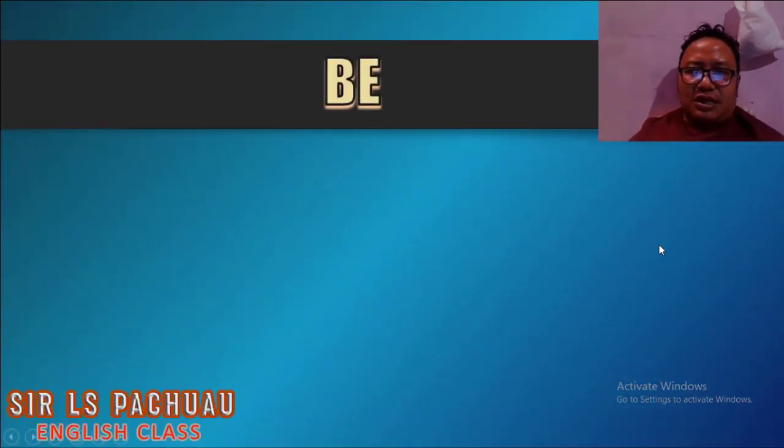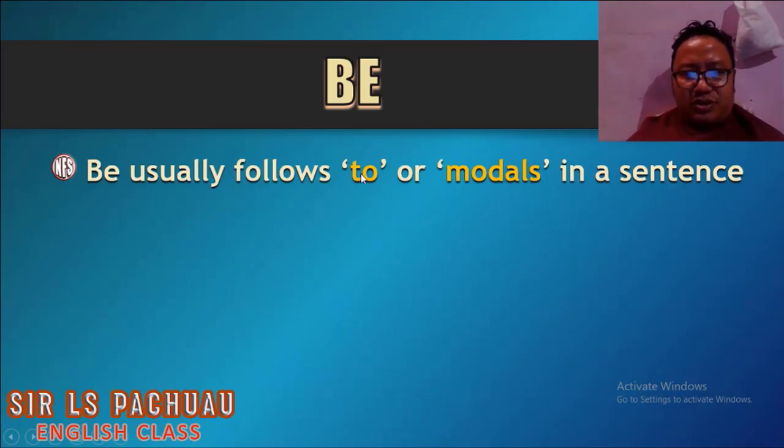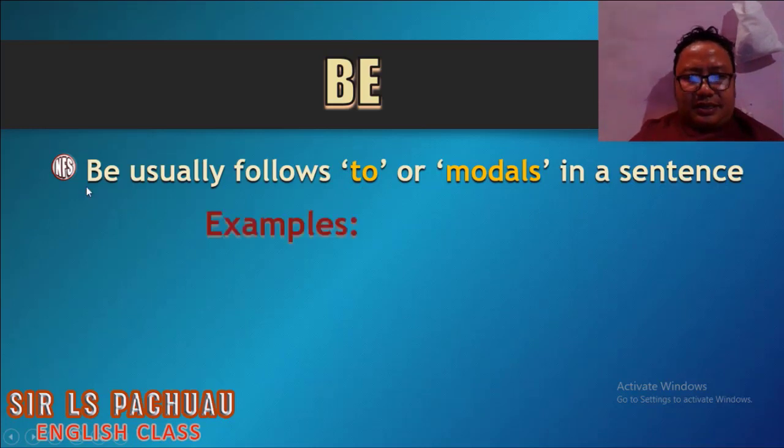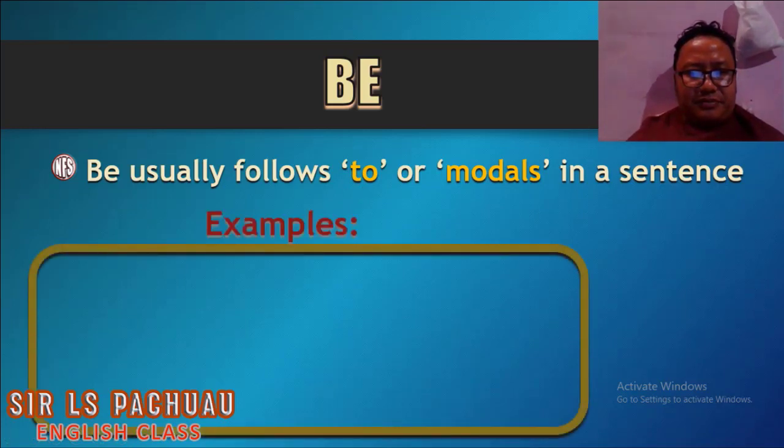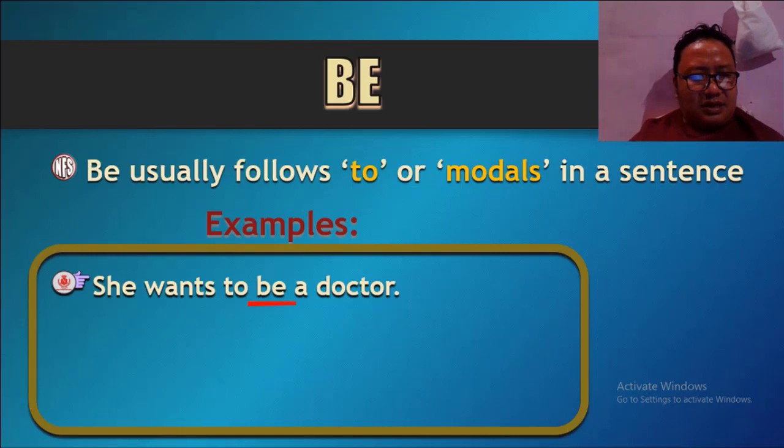So let's try working with be verbs. Be usually follows to or modals in a sentence. Do not worry about these modals because we are going to learn them. I want you to concentrate on this to. Here are the examples. She wants to be a doctor.